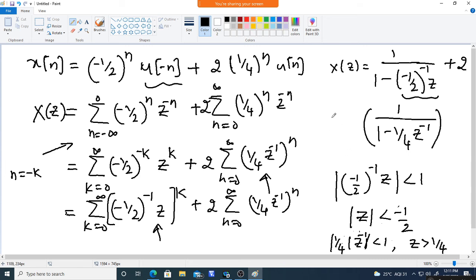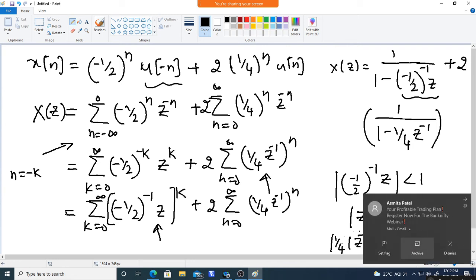Now if you take the magnitude, because if you don't consider it as a sign, the magnitude of z will be 1 by 2 in this case, and the magnitude of z will be equal to 1 by 4 in this case. Then less than minus 1 by 2.